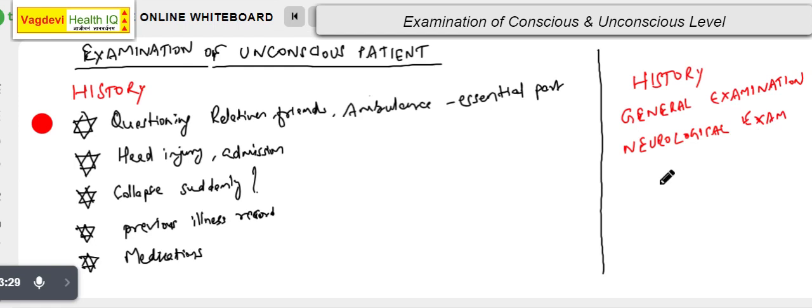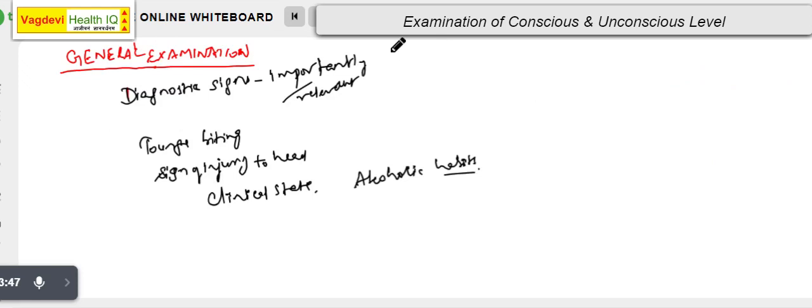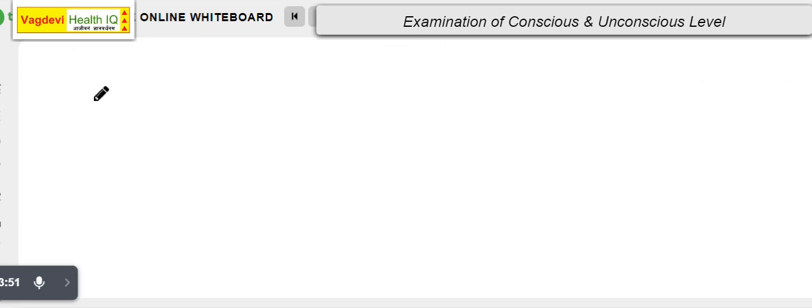And at last we have to write the important notes. What we are going to do in the notes, we will see later. First, you have to remember these three points: point number one, point number two, point number three. We are currently finishing point number two, general examination, as we discussed that day. Now neurological examination, this is the most important.